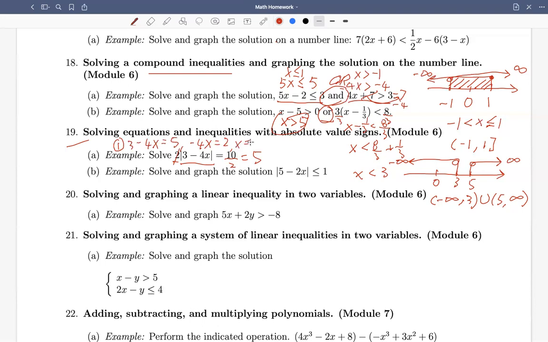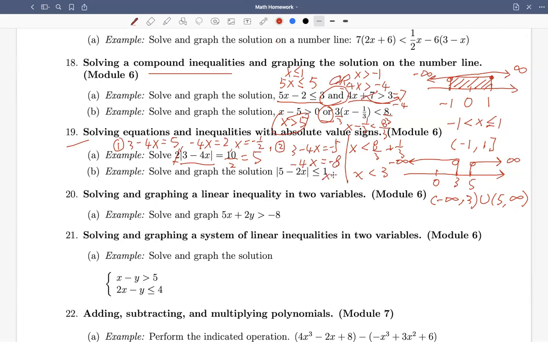Divided by negative 4, we get negative half. So x equals negative half is one solution. The second situation is 3 minus 4x is negative 5, and then after the absolute value sign it becomes positive 5. So 3 minus 4x equals negative 5. We solve this: negative 4x equals negative 5 minus 3, that's negative 8.